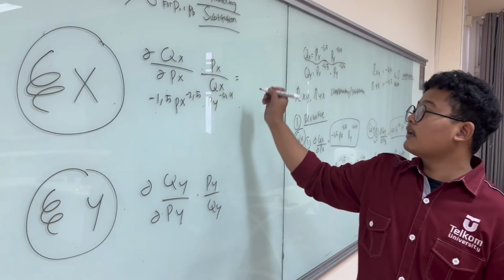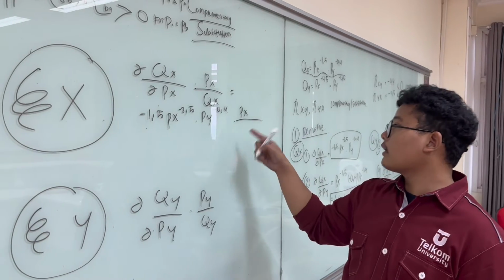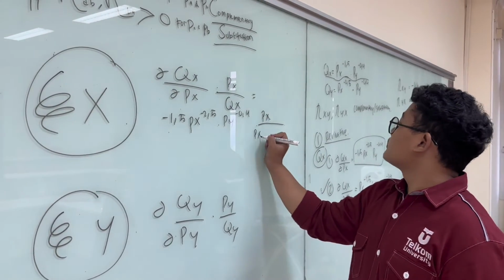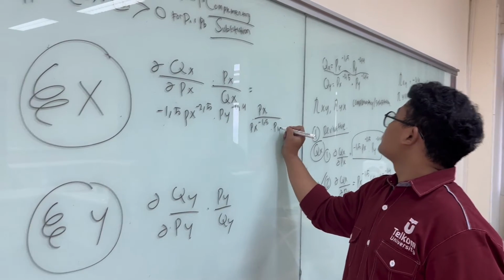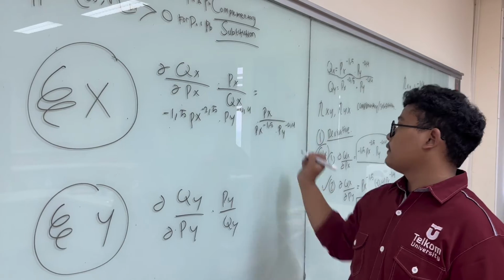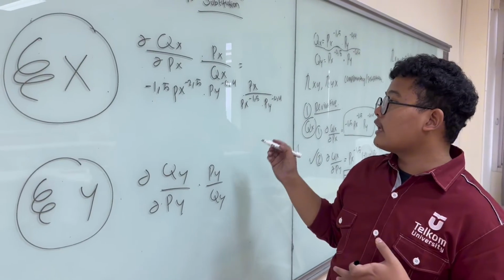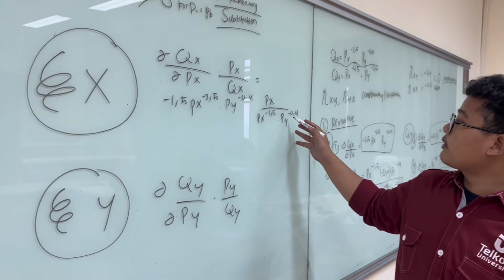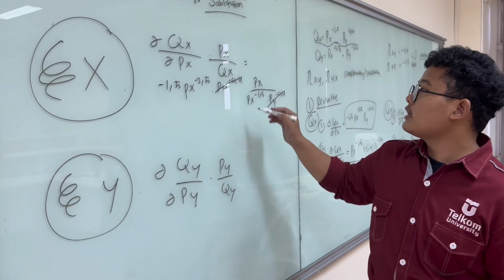Times px, because we don't have the px value yet, so we just write it down back. Then qx. And now we can eliminate the same amounts like this. Py to the power of minus 0.4, we can eliminate with the same amounts.